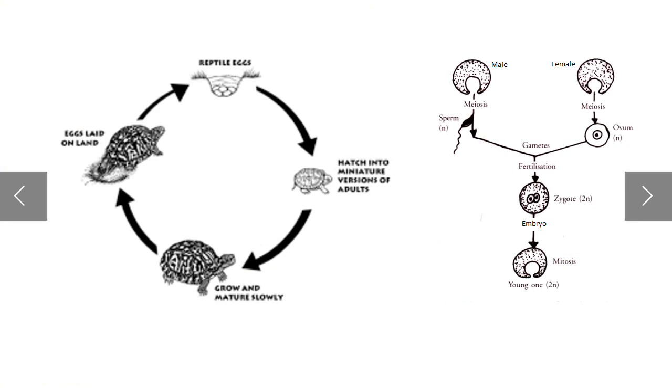You can observe male and female body. Fusion occurs, fertilization occurs, zygote formation occurs, and then the embryo and young one are produced.